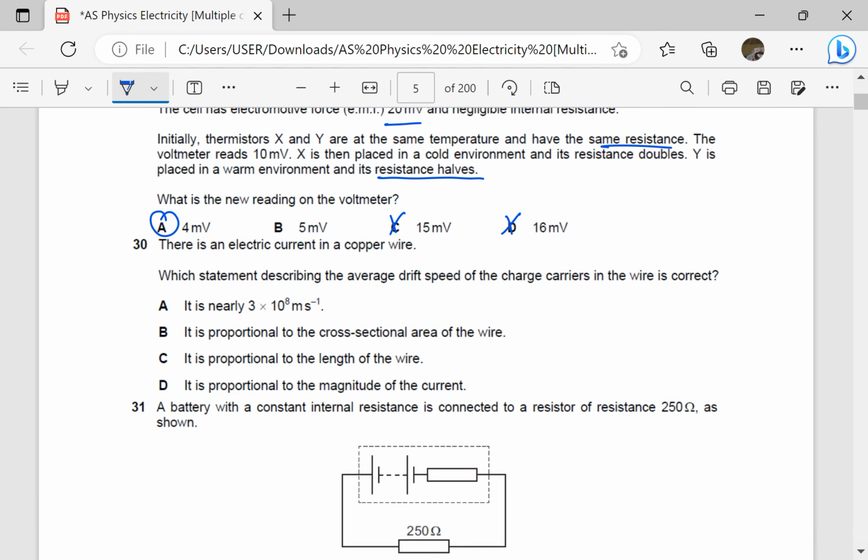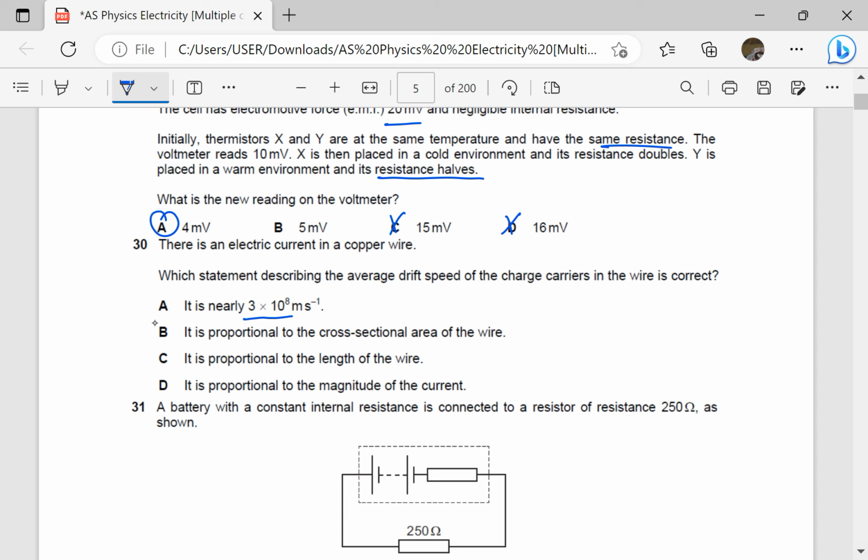There is an electric current in a copper wire. Which statement describing the average drift speed of the charge carriers in the wire is correct? Number 1, it is nearly 3 times 10 power 8 meters per second.